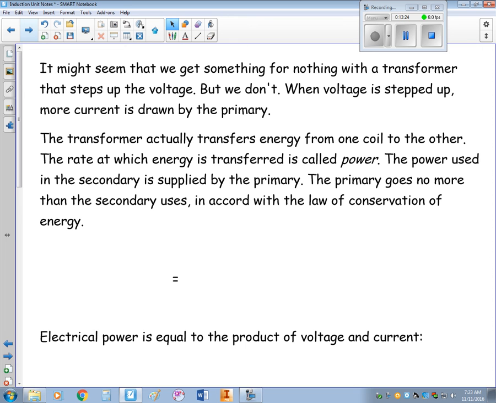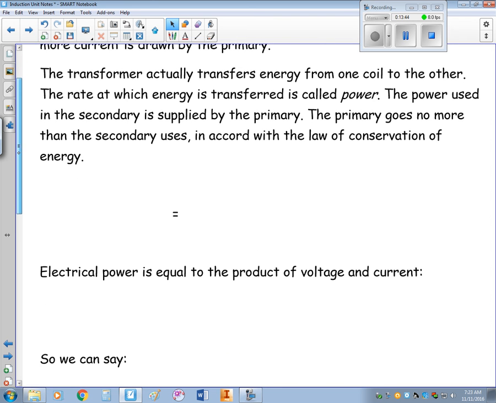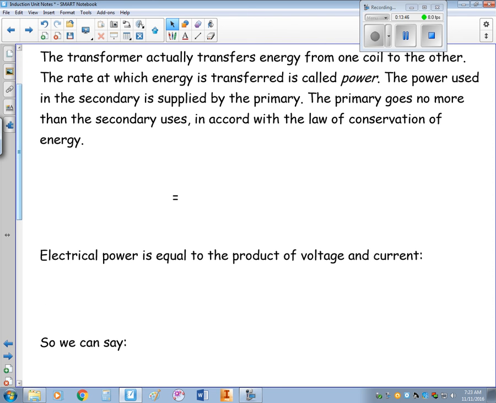The transformer actually transfers energy from one coil to the other. And the rate at which energy is transferred is called power. The power used in the secondary is supplied by the primary. So the primary gives no more than the secondary uses. So conservation of energy really does still play out.